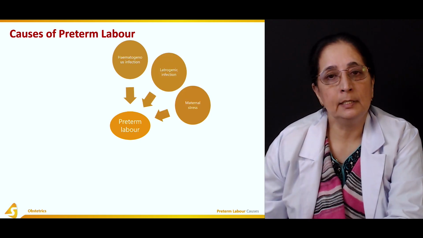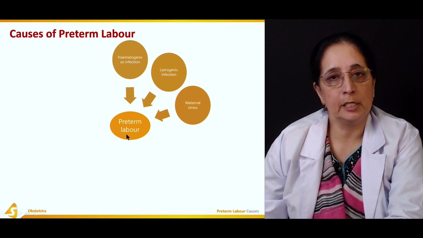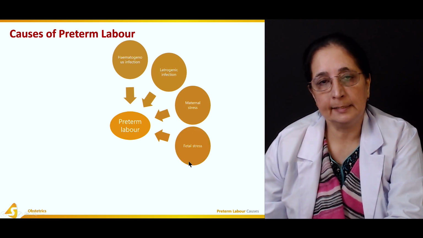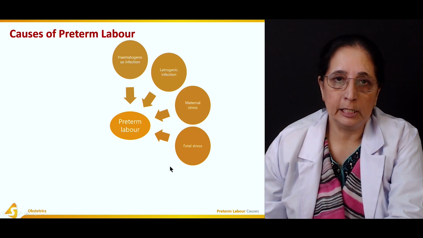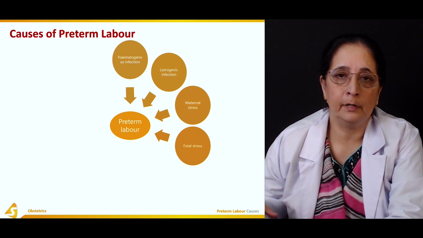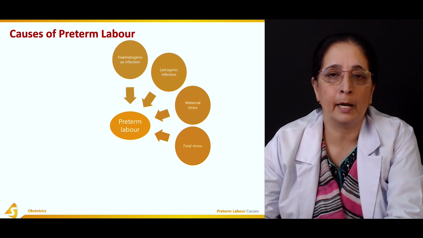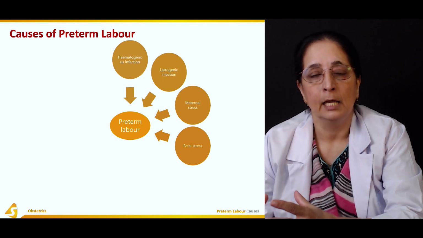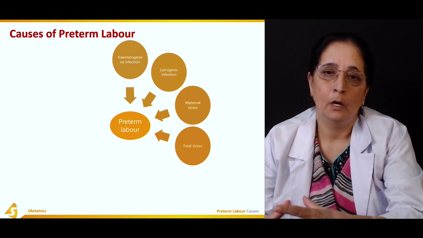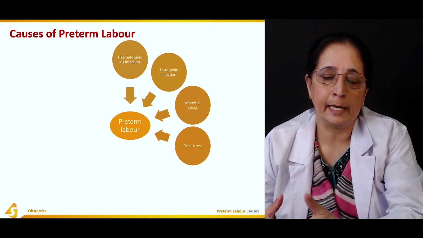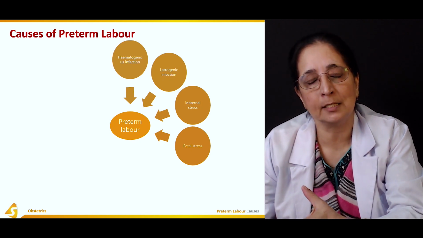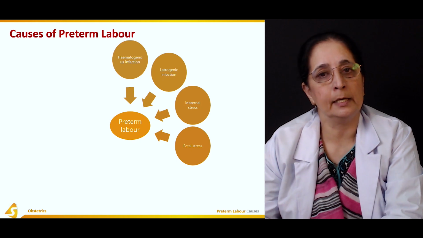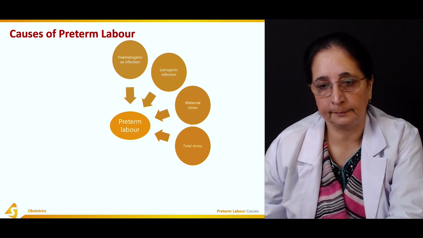Then the maternal stresses can lead to preterm labor. Fetal stress can lead to preterm labor if there is a poor biophysical profile, low APGAR score. All these are the conditions that can lead to fetal stress or fetal distress and can cause preterm labor.